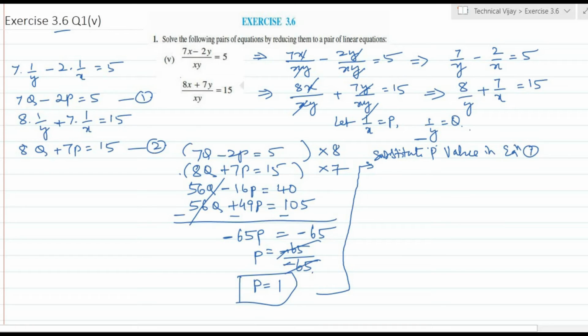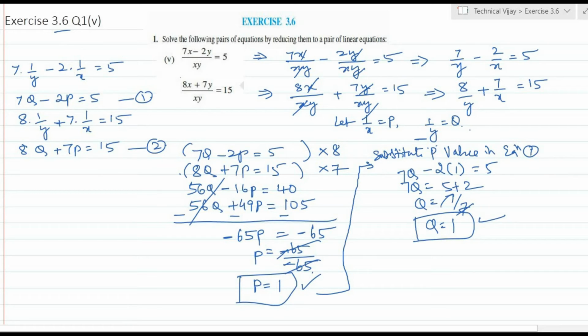Equation 1 is 7q minus 2 into 1 is equal to 5. So 7q is equal to 5 plus 2. So q is equal to 7 divided by 7. So q is equal to 1. Okay, we got p is equal to 1, q is equal to 1.